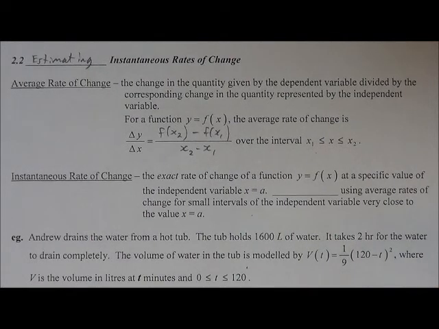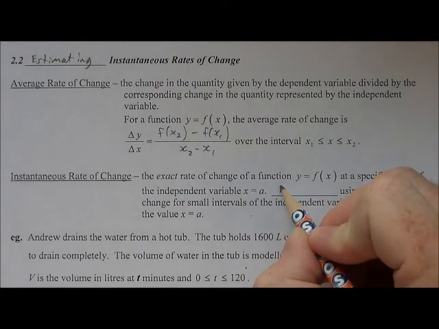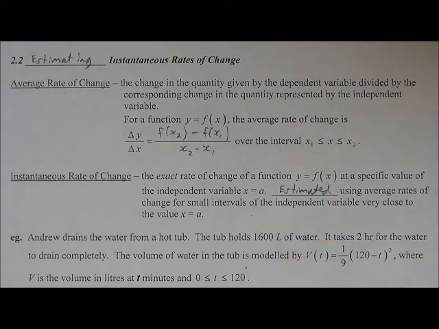Another definition here: the instantaneous rate of change is the exact rate of change of a function y equals f of x at a specific value of the independent variable x equals a. Estimated using average rates of change for small intervals of the independent variable very close to the value x equals a.